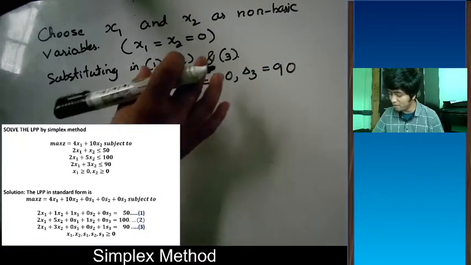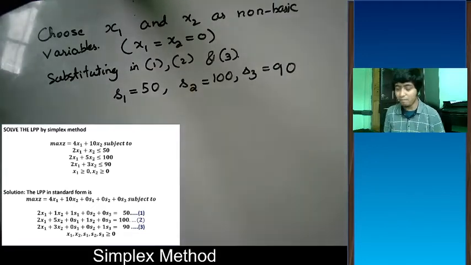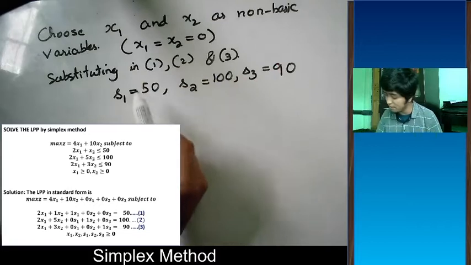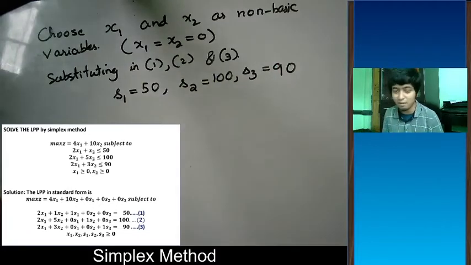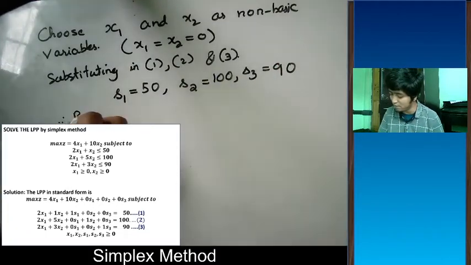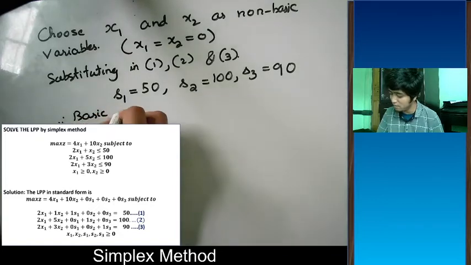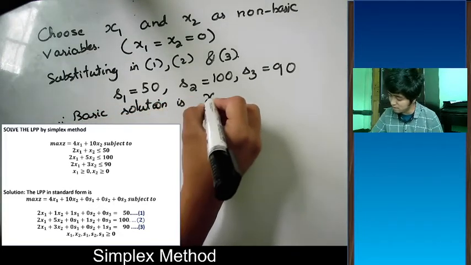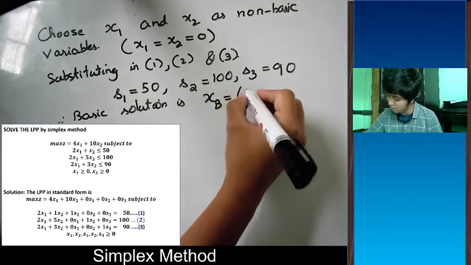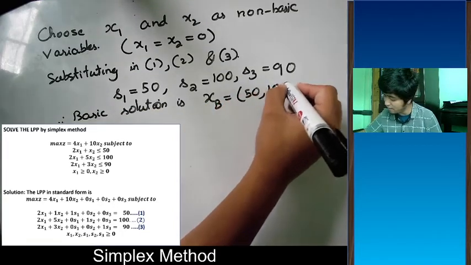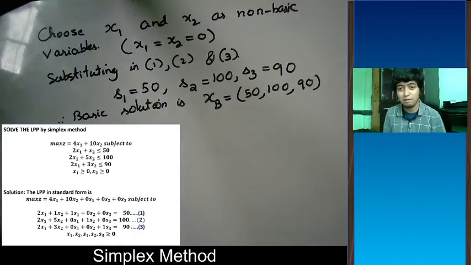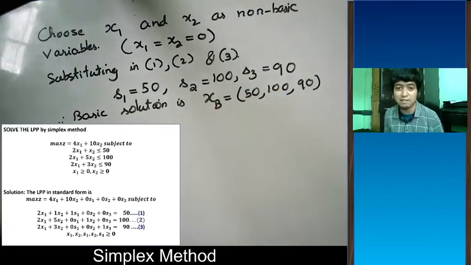Because we have chosen x1 and x2 as non-basic, s1, s2, and s3 are the basic variables. Therefore, the basic solution is xB equal to 50, 100, and 90.